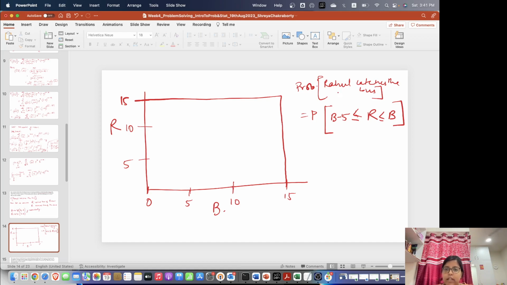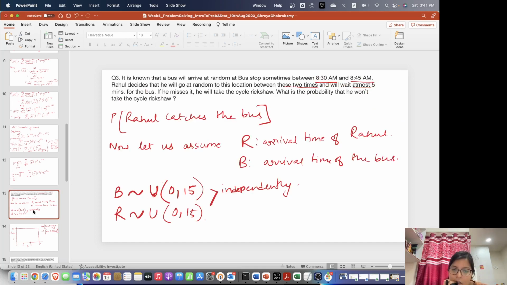How can we formulate this in terms of probability? Since R and B are time, these are continuous variables, uniformly distributed over 0 to 15, because it can be any time point between 0 to 15 minutes.